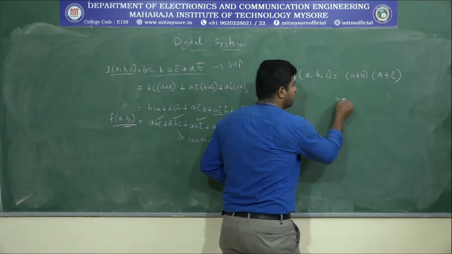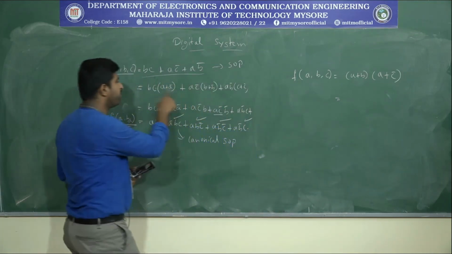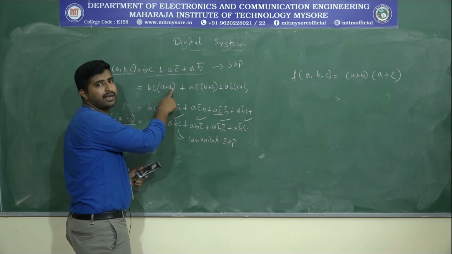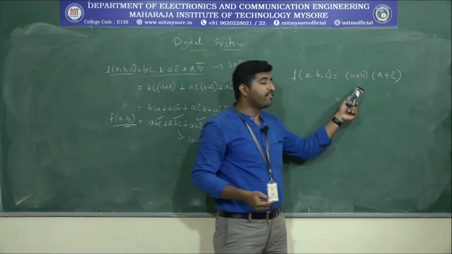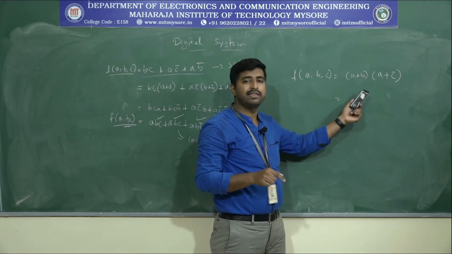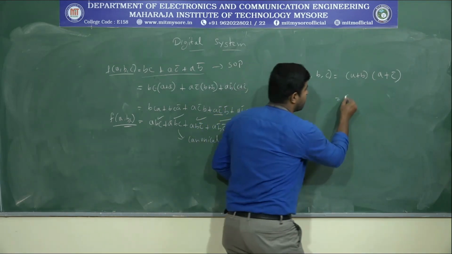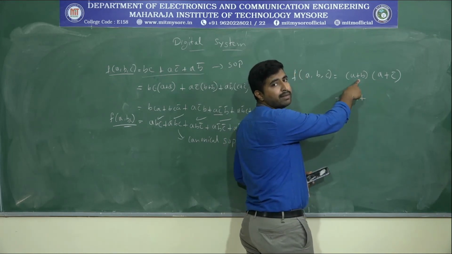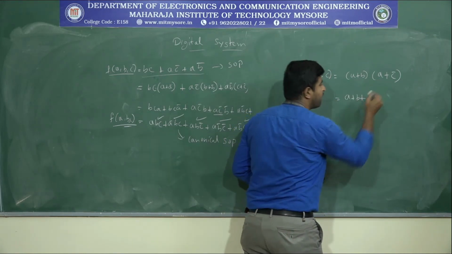Here, in the SOP case, we multiplied the missing variable with its complement. Similarly here we need to sum the missing variable with its complement. So that means a plus b plus, the missing variable here being c, times c bar.